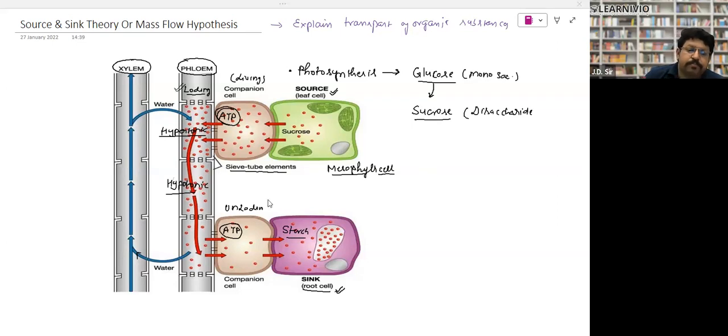Full stop. Transfer of food, same point. Transfer of food from companion cell to sieve tube is called the loading process. Full stop. Next point.